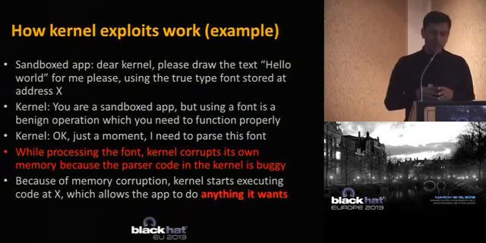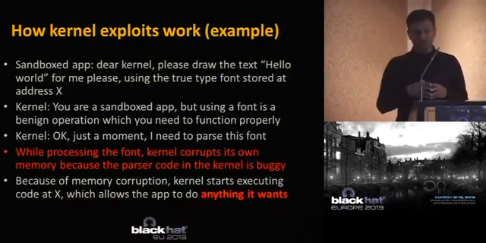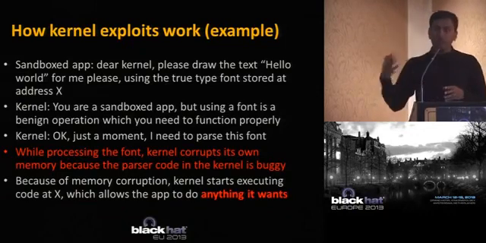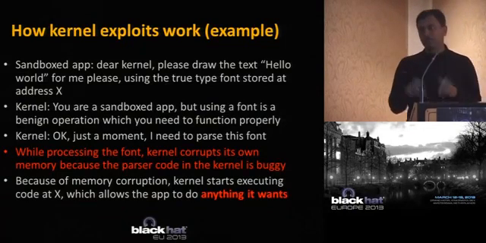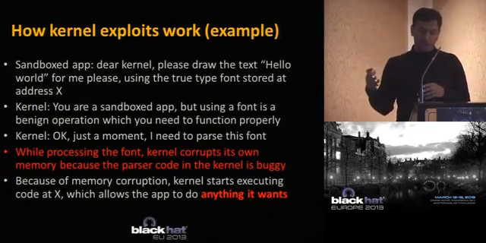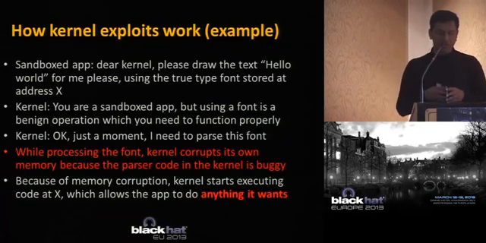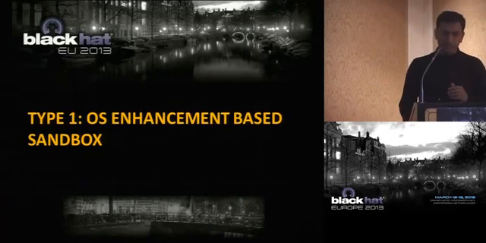So I will give you a handle, but let me parse this font first. And while processing the font, the kernel corrupts its own memory because the parser code was buggy. Because of the memory corruption, the kernel starts executing code at X, which allows the application to do anything it wants because it has the same privilege as the kernel at this point.